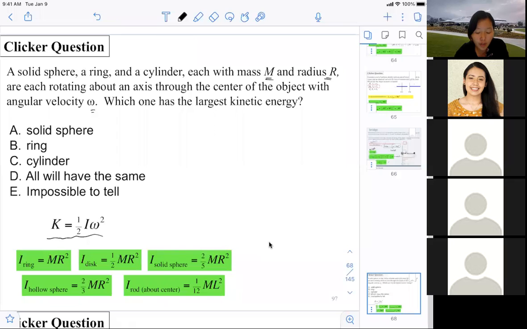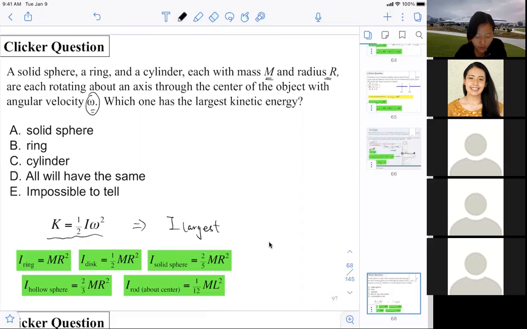Okay, so now we're comparing which one has the largest kinetic energy if they were all rotating with the same omega. You can see that if omega is the same, it's really just comparing which one has the largest rotational inertia.